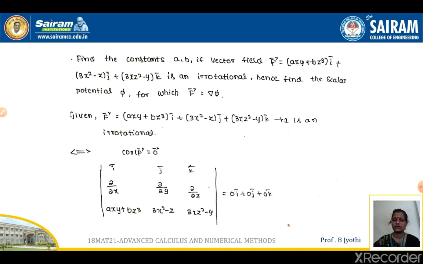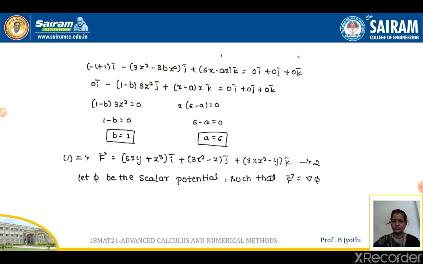That is, each component has to be equated to 0. Then, as I have explained, it is equated to 0, thereby we get the value of b as 1 and the value of a as 6.